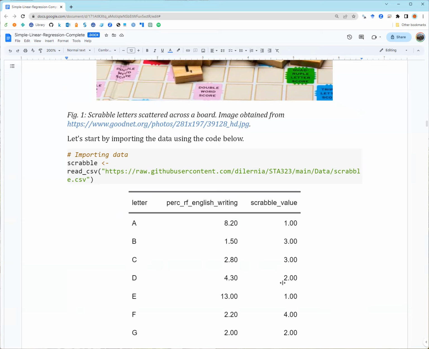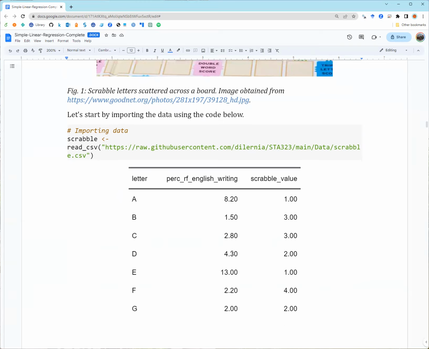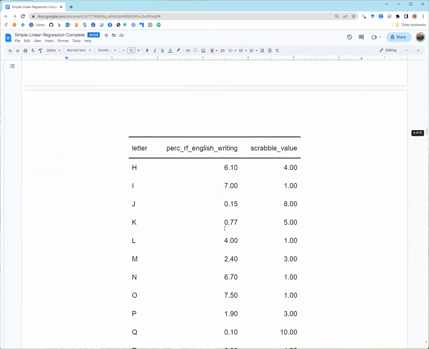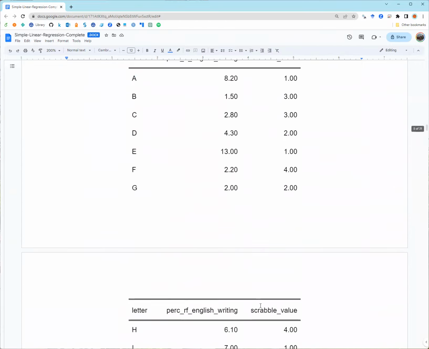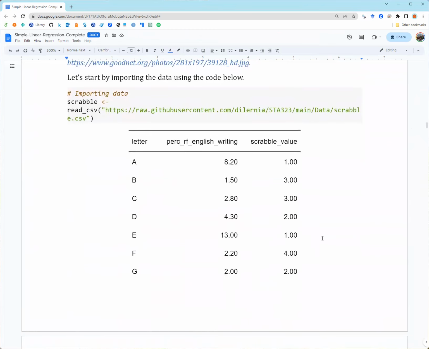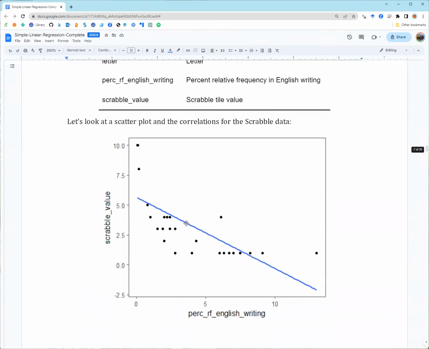What that means is it occurs very frequently relative to other letters. 13% is the highest. But its point value is small, which is what we would expect. But it's an influential point, likely due to this value being so high for the x variable, the predictor variable.